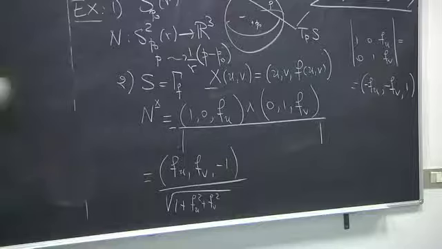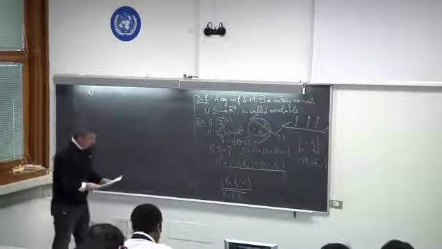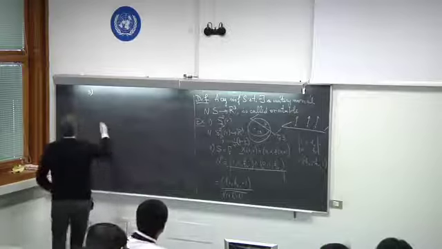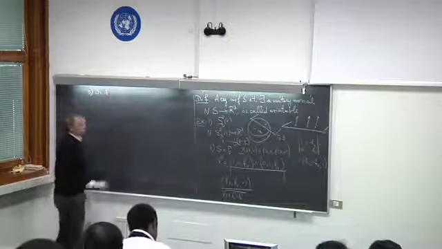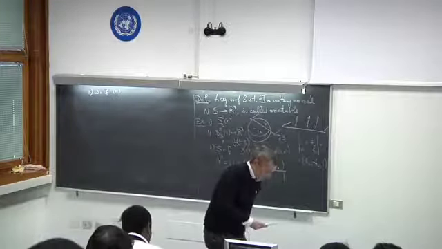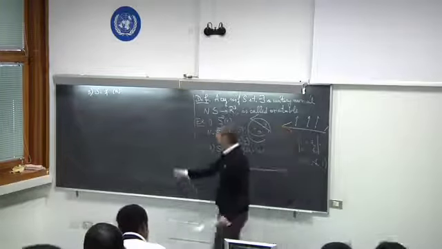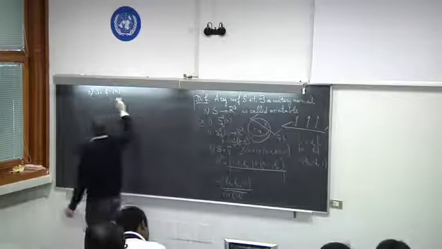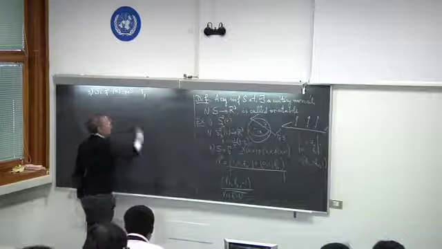Okay? Example 3, the most sophisticated class of regular surface we know up to now is the one given by regular values of functions, the inverse image of regular values of functions. So, what does it mean? S now is f inverse of a, of course under the assumption that a is a regular value. But we know already what the tangent space is. We have computed it as a little exercise. At a given point P, what is the tangent space to S?